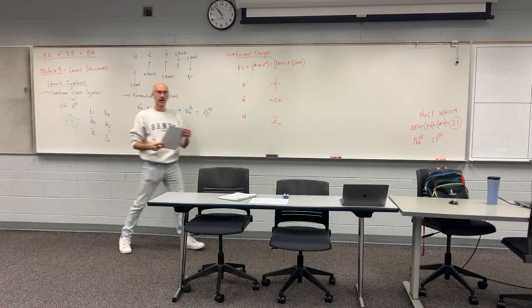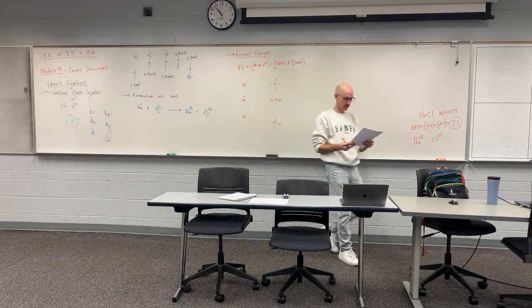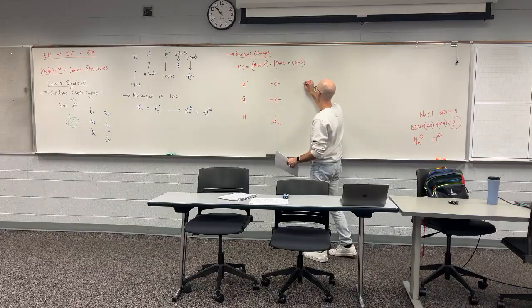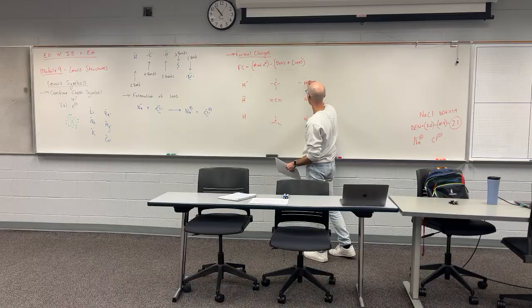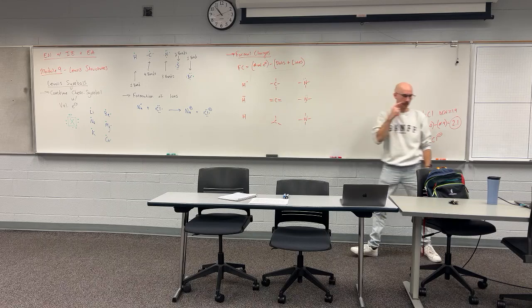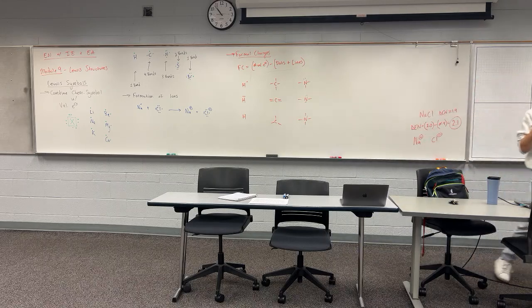We'll go through and we'll calculate those charges. Nitrogen. We'll go from nitrogen with 3 lines, 2 dots, nitrogen with 2 lines, 2 pairs, and nitrogen with 4 lines.